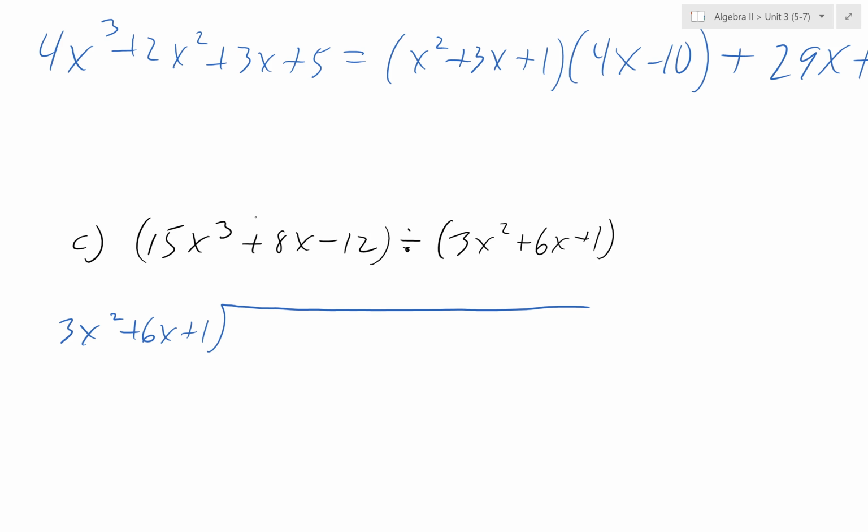So what we do is we insert 0x squared as a placeholder. So we're going to have 15x cubed plus 0x squared plus 8x minus 12. Anytime you're missing a term, you want to fill it in with a 0 placeholder. I'm going to let you try that one, and then I'll come around and help you if you need it. Put your hands up if you need help.